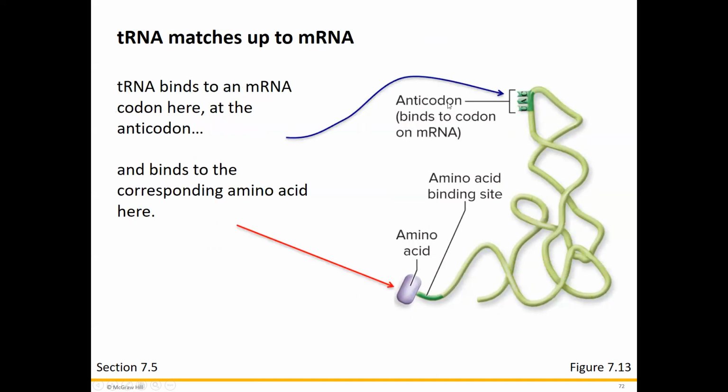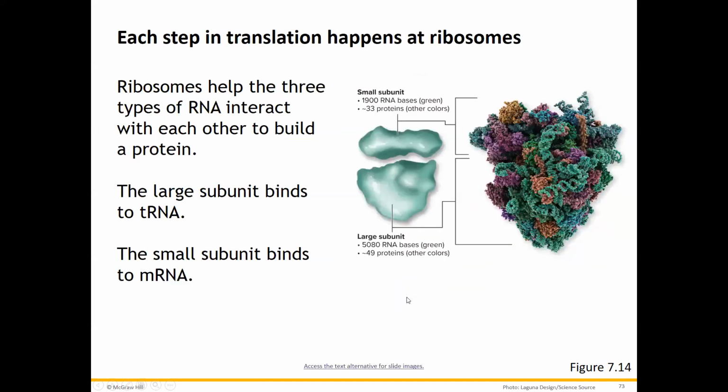So the transfer RNA binds to the messenger RNA codon at the anticodon and then drops off the amino acid. Each one of these transfer RNA molecules can only attach one specific amino acid. So they can't just grab any amino acid. This particular sequence, UAC, can only grab this particular amino acid. So it's highly specific.